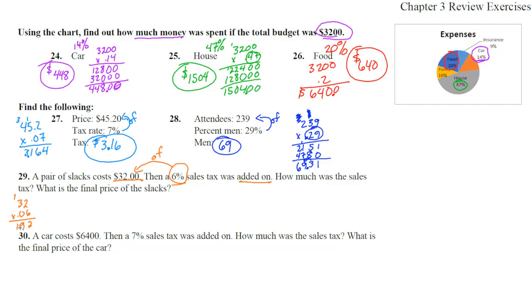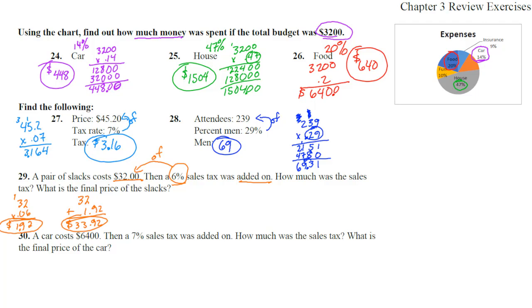And 2 digits behind the decimal place, so it's $1.92 in sales tax. That's the first answer. And then the final price, we take 32 plus $1.92. That gives us $33.92. So there are two answers here, $1.92 in tax, and the total is $33.92. So we'll circle both of those.